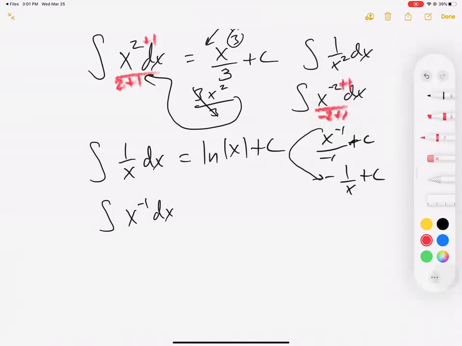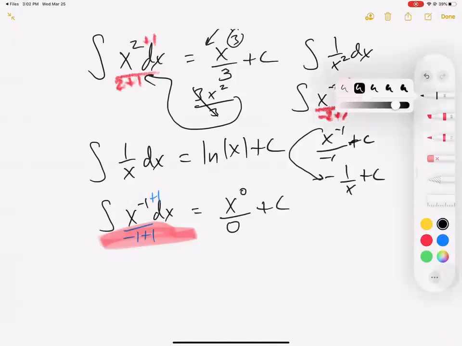Well, go ahead and add the plus 1: negative 1 plus 1 over negative 1 plus 1. You end up making a crucial mistake that we learned not to do in Algebra 1. It's the divide by 0. If I rewrite this, x to the 0 over 0. That is not possible. So the people who designed calculus, or Isaac Newton, realized that this doesn't make any sense. You can't do that.